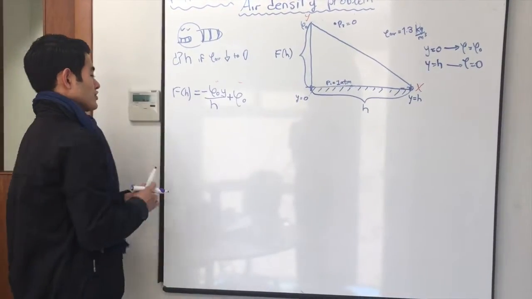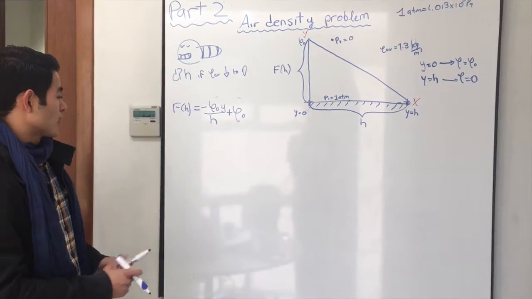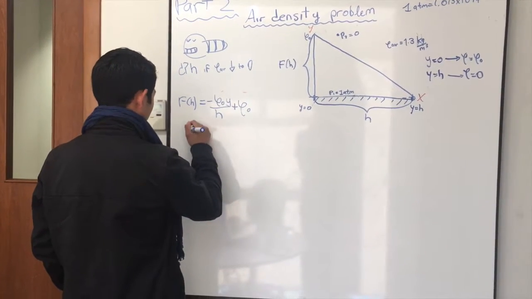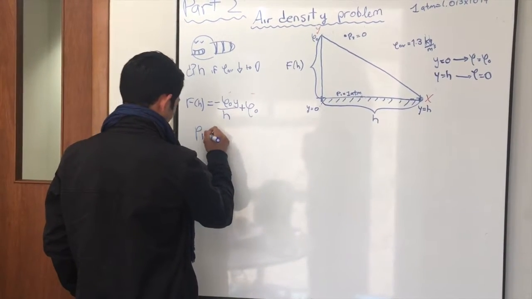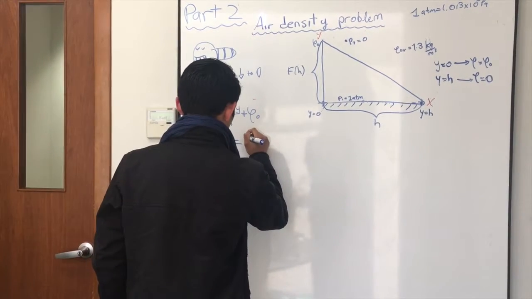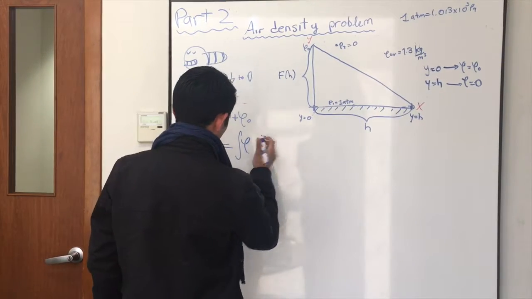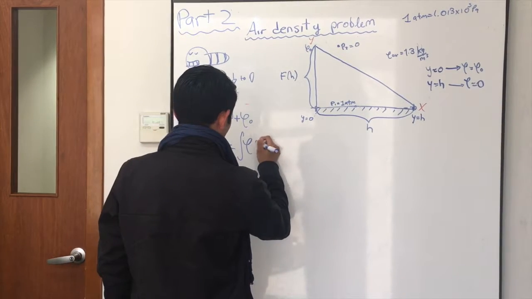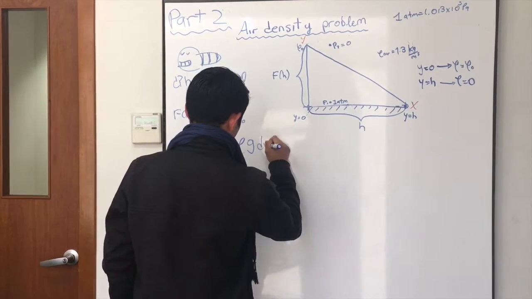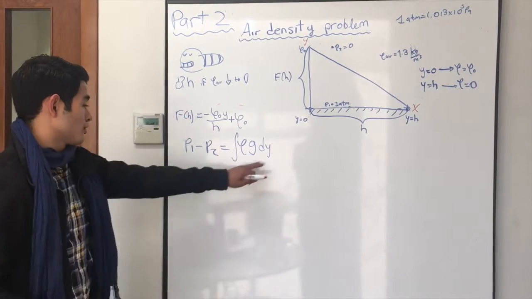So now we have this equation, our linear equation, and well, let's remind Pascal's principle, that is P1 minus P2 equals the integral of rho, which is the density, times gravity times the differential of y.